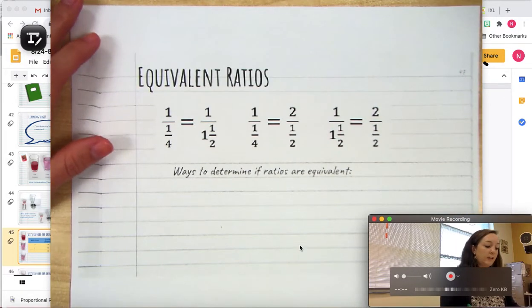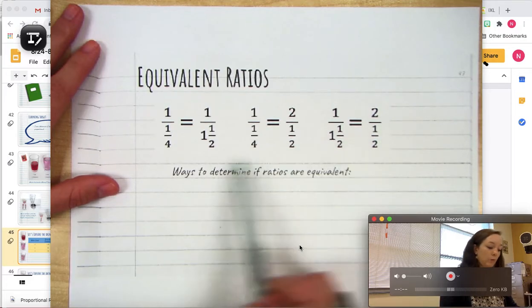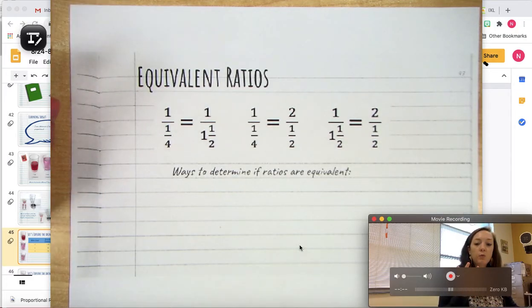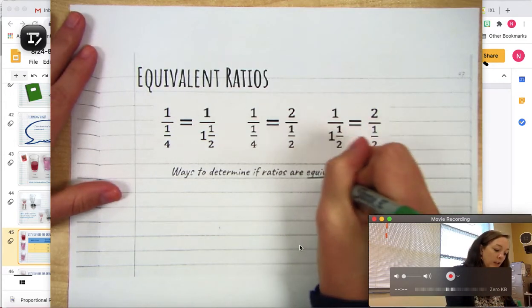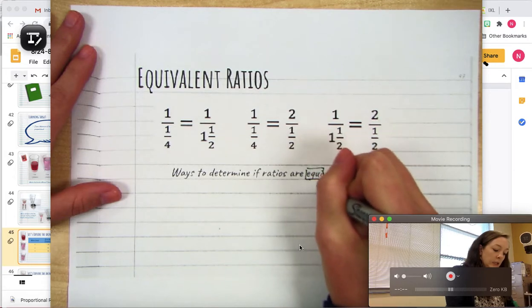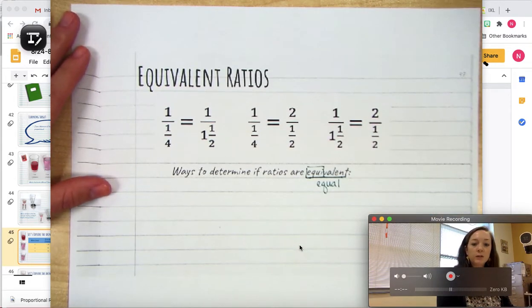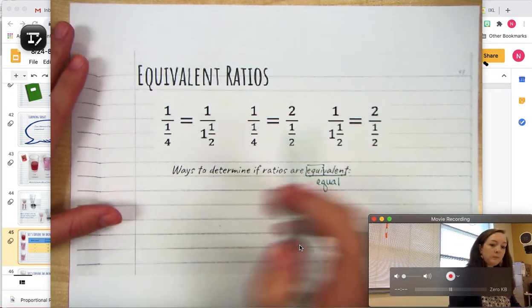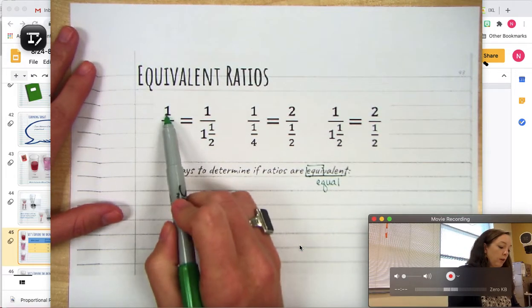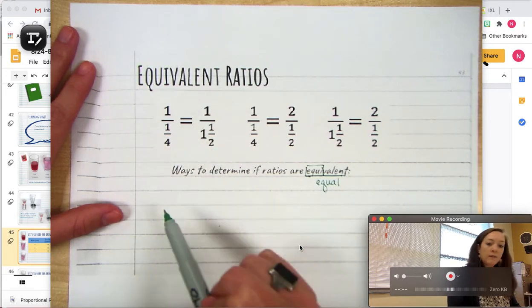So what I've done is I've taken each set of ratios and I've set them equal to each other. And I'm going to show you 3 different ways to tell if they are equivalent. Okay, equivalent, equi means equal. So equivalent means are they equal to each other? Okay, so the first one, 1 over 1/4 is equal to 1 to 1 1/2.